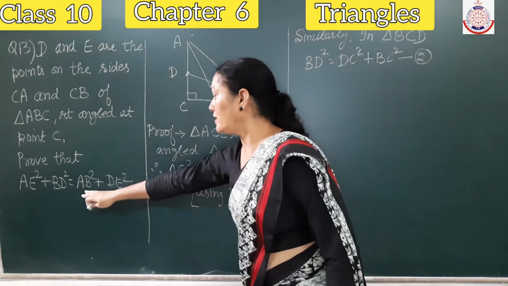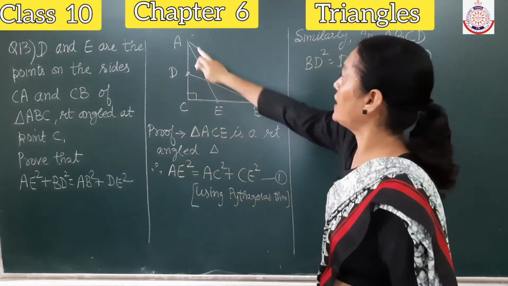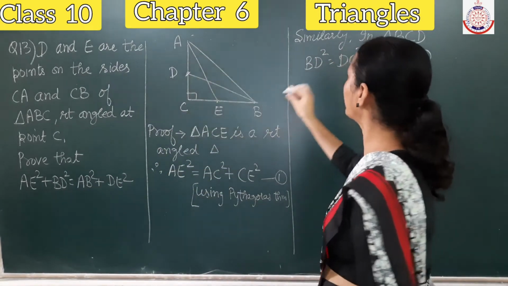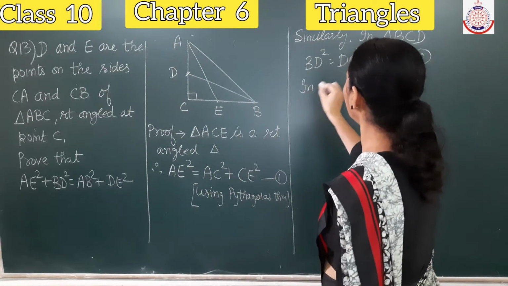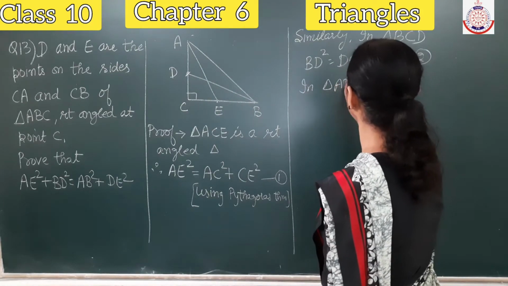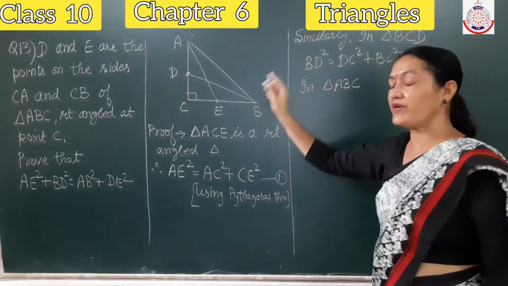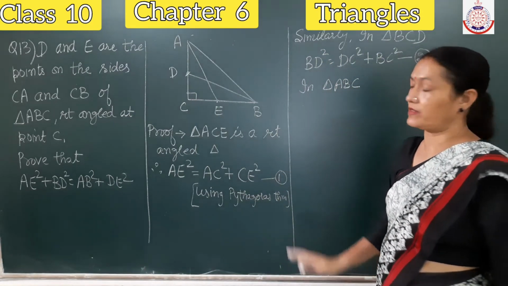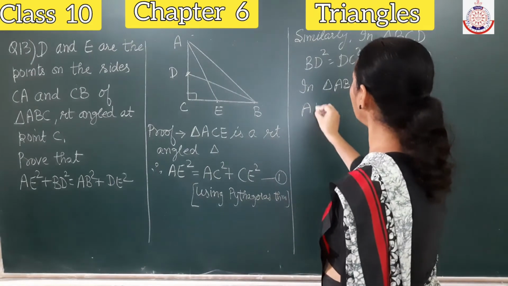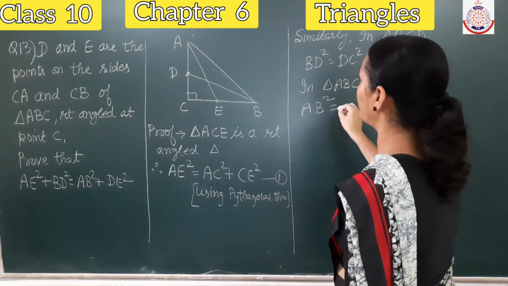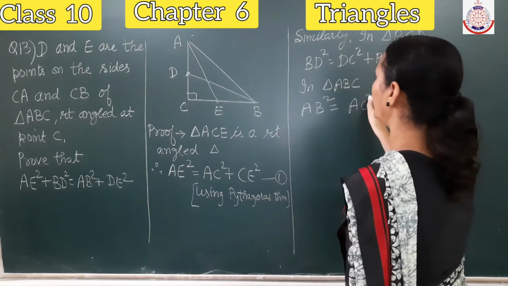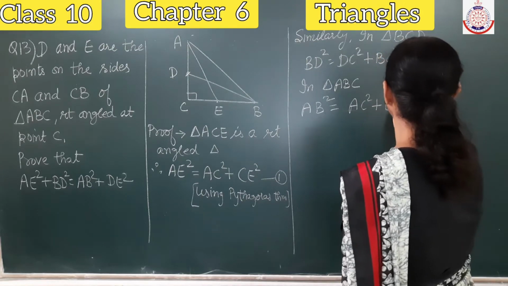Then we need to have AB square. AB square will come in the bigger triangle, in triangle ABC. Similarly, we are applying Pythagoras theorem everywhere. So here we will be getting AB square is equal to AC square plus BC square.